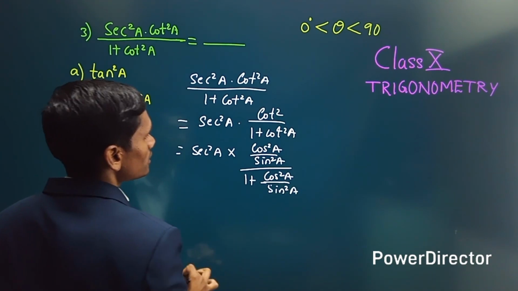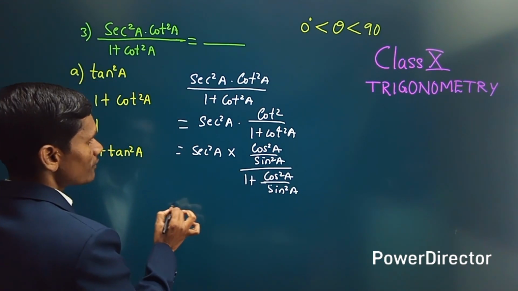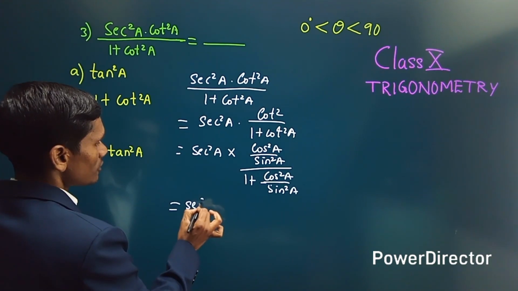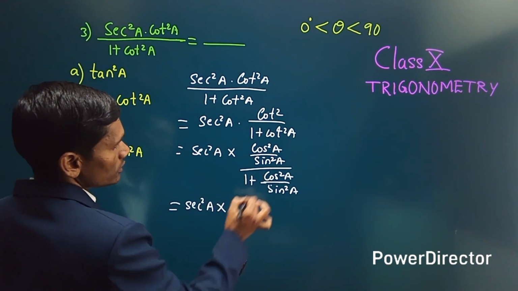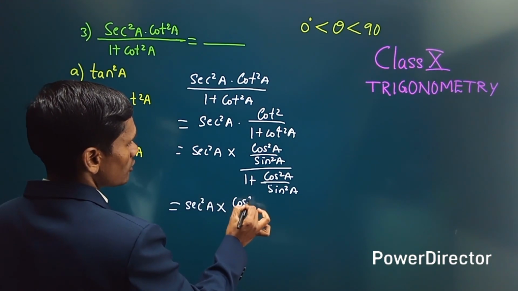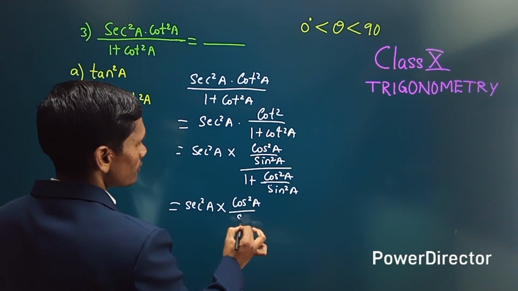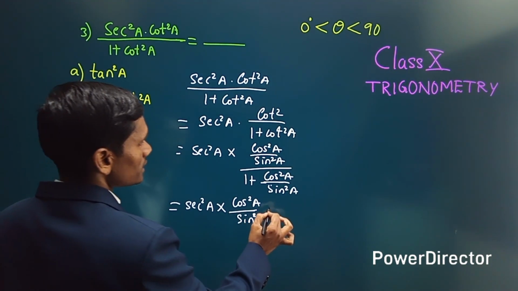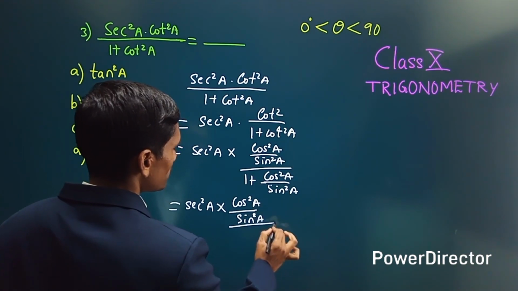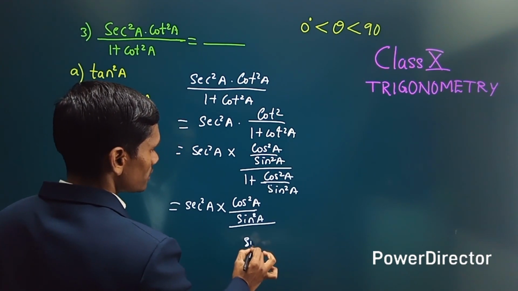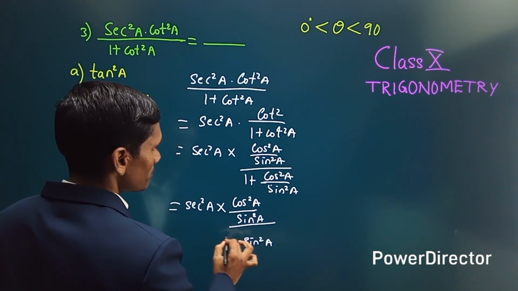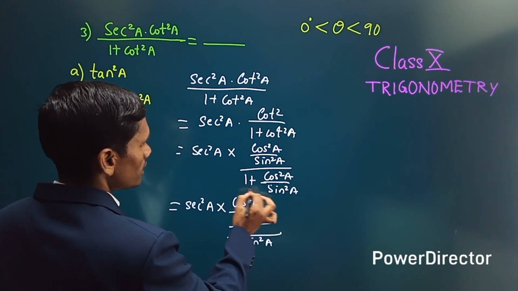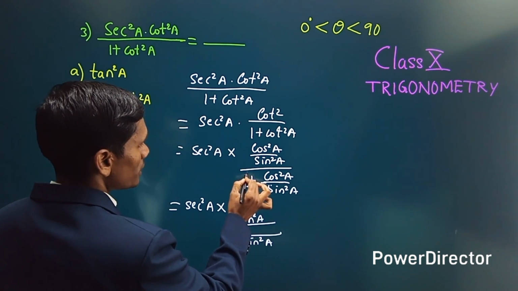Right? Now let us go ahead with simplification. Sec square A into cos square A upon sin square A, as it is, you write. Right. This, if you take LCM, what do we take here? Sin square A will be the LCM. Okay. Here 1 into sin square A you have to multiply, right?